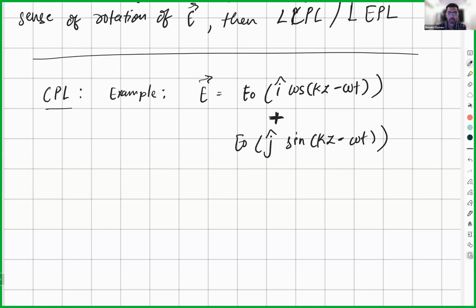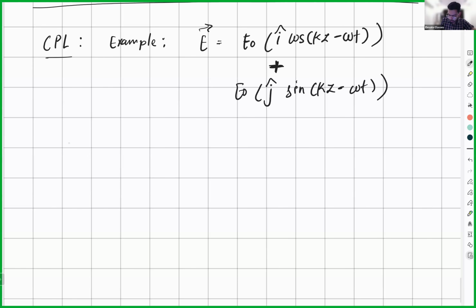Also the magnitude of electric field will be constant, because cos square plus sine square will give you 1. So magnitude over here is E naught. So due to these three reasons, this is a circularly polarized light. First thing. Now I have to write down the sense of rotation and the direction of propagation.